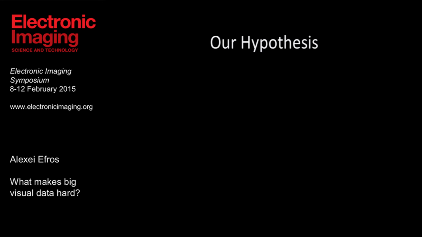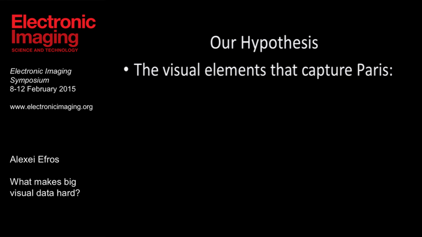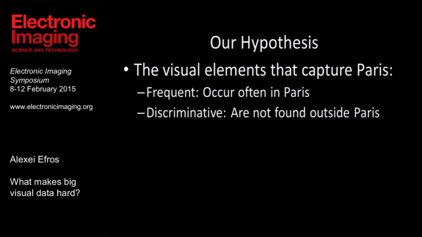Okay, and so our hypothesis is really that we want to find visual elements that occur frequently in Paris and don't occur outside of Paris, right? So both of these things.